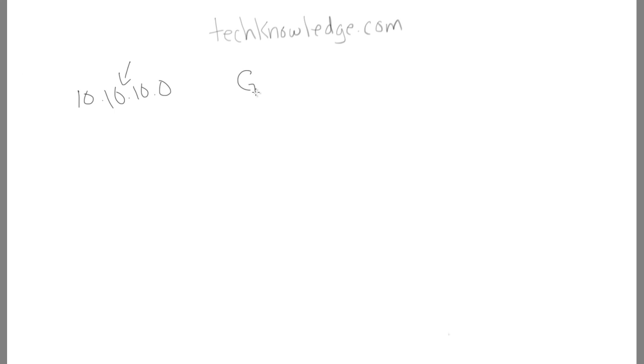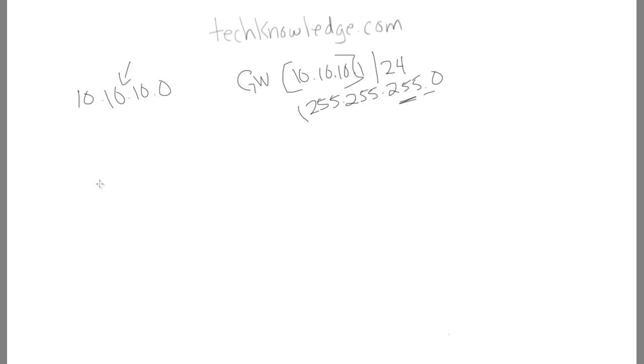And our gateway to the internet is 10.10.10.1, /24, or 255.255.255.0. Okay, so that represents our subnet mask. And what that represents is our network. So 10.10.10.0 is our network, which leaves us 255 usable IP addresses in this range.